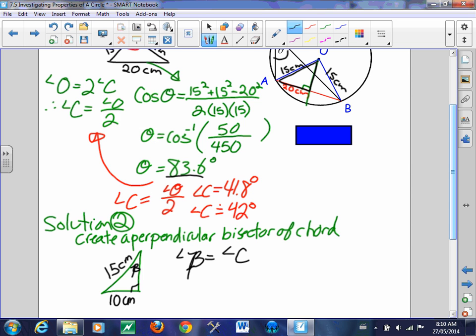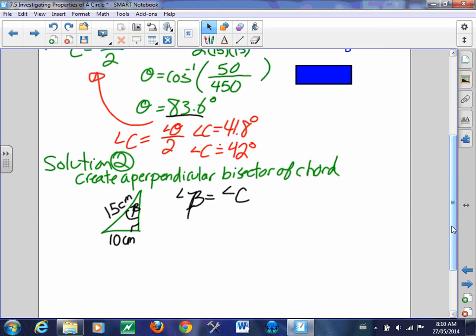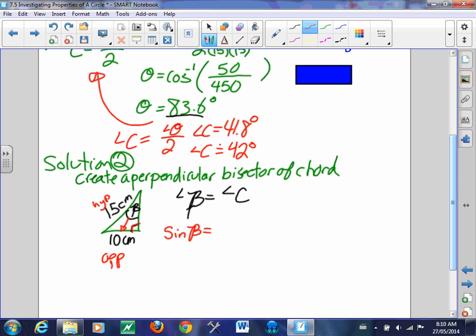Based on this angle, folks, what 2 sides do I have? Again, go across. I have my opposite, and then I have my hypotenuse. So using SOHCAHTOA, because it's 90 degrees, folks, that's the sine. So sine of beta equals opposite, which is 10, over hypotenuse, which is 15. To find the angle beta, you've got to use the sine inverse of 10 over 15.